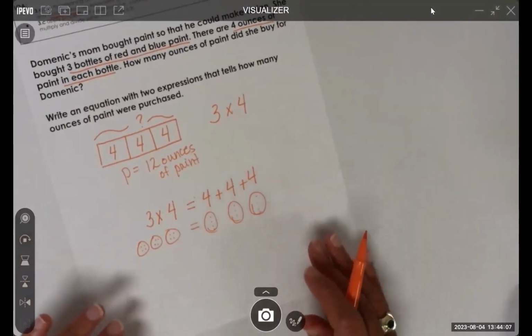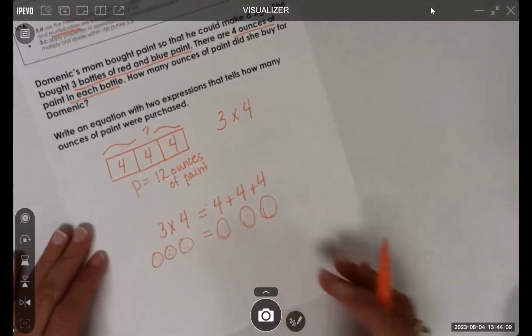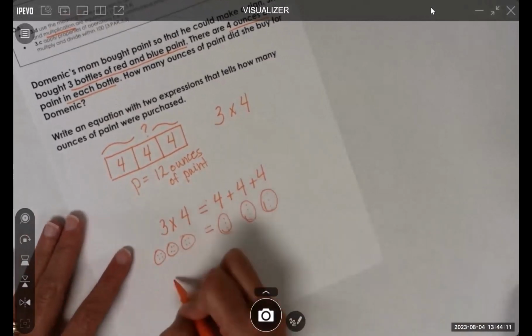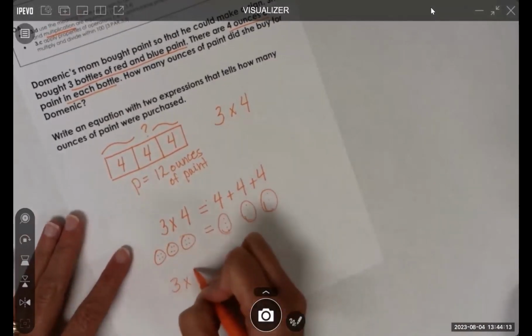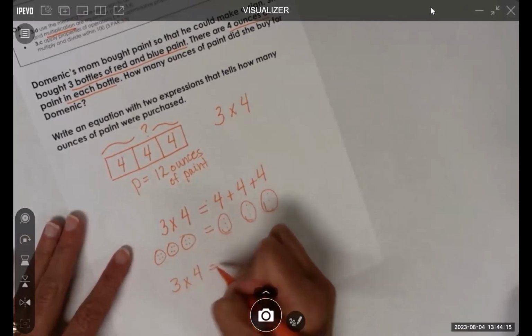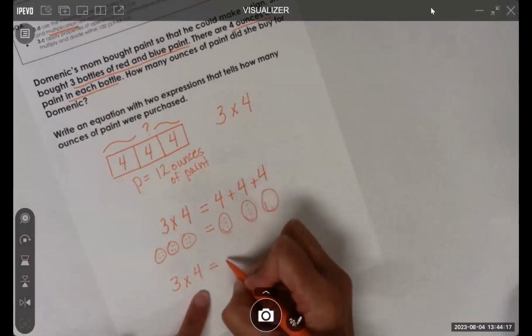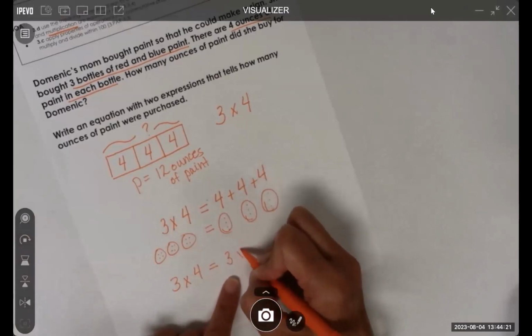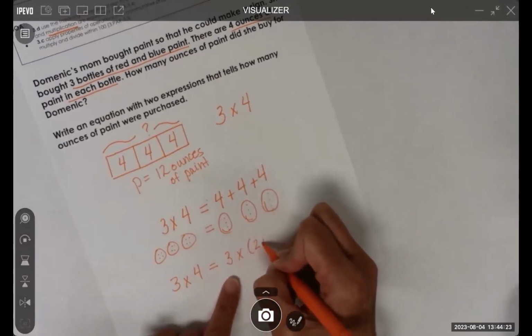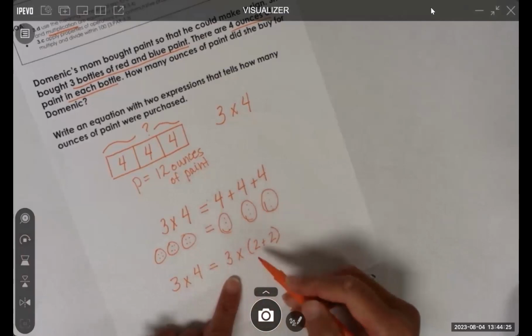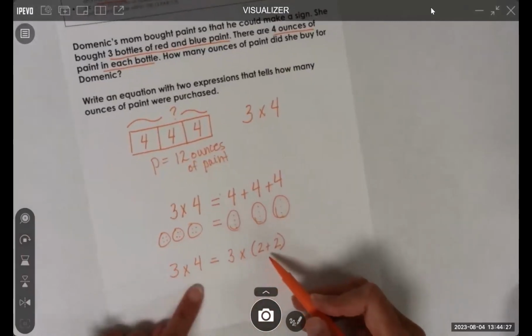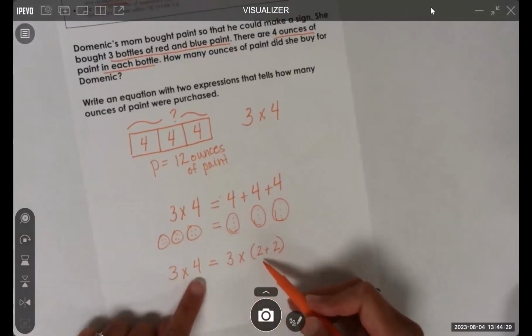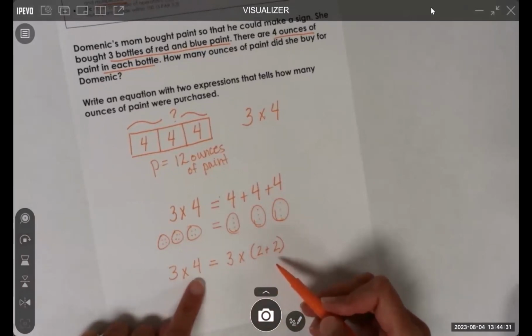And when they do that, they will begin thinking possibly about 3 times 4 is the same as 3 times 2 plus 2. And here they may have applied the distributive property because they decomposed the factor of 4 into 2 plus 2.